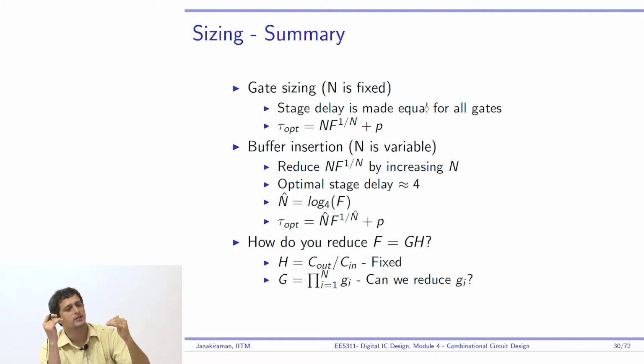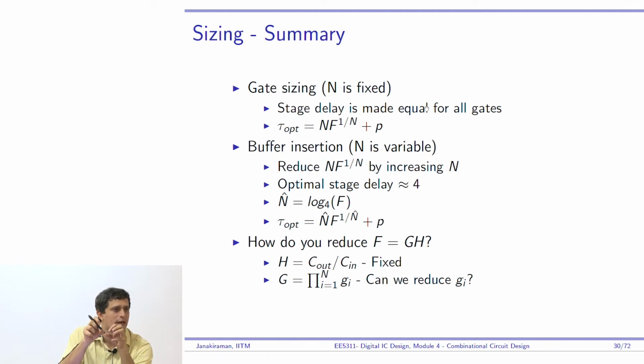So if you look at this equation, n f^(1/n) plus p, you have the delay scaling as n, right? If n increases, my delay goes up linearly with n, but the delay falls as f^(1/n). So these two are fighting each other, right? So you must try to reduce f^(1/n) as much as possible, until the n starts dominating in the sequence, right?